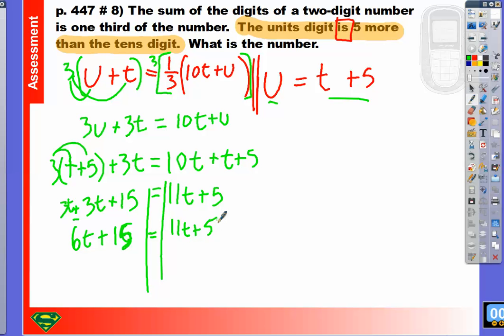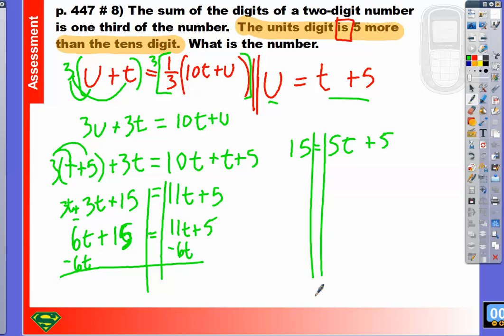So now what will I do to both sides? Subtract 6t. So subtract 6t. So I get 15 is equal to 5t plus 5. What will I do next?